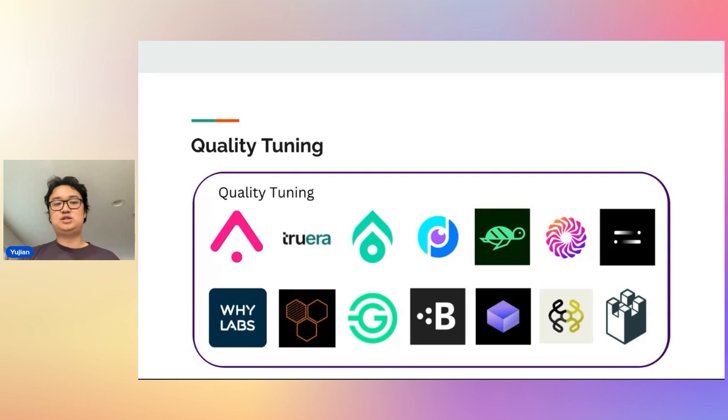And the reason for that is that quality tuning is quite new. The concept isn't new, but LLMs are in such an early stage of development that a lot of the quality tuning stuff is not super developed.